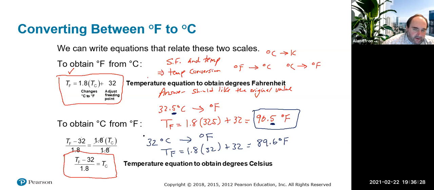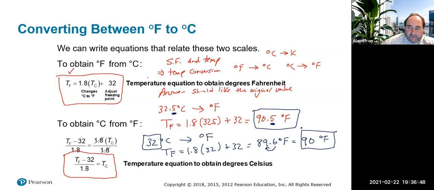Now, when we look at our original value, it actually was a whole number, no decimal points. That means when we do our answer, we technically would want to round it to no decimal points. In this case that would be 90 degrees Fahrenheit.